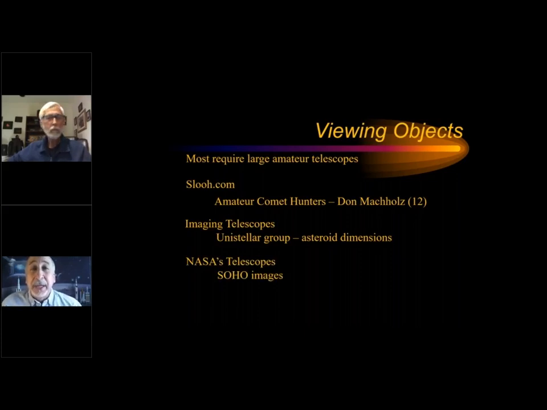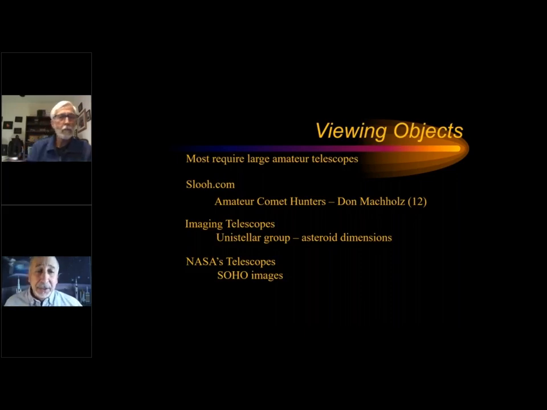You can download recent images from NASA's SOHO telescope, which is observing the sun all the time, as well as other NASA orbiting telescopes, and find comets and image objects using those telescopes also.